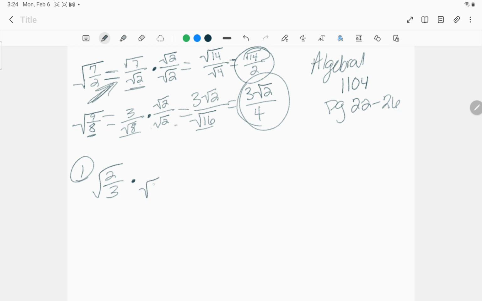Well, the answer is 3. So I'm going to multiply both the top and the bottom by 3. So 2 times 3 is 6, and 3 times 3 is 9. The square root of 9 is 3. And can we go anywhere else with that? So that is your final answer.